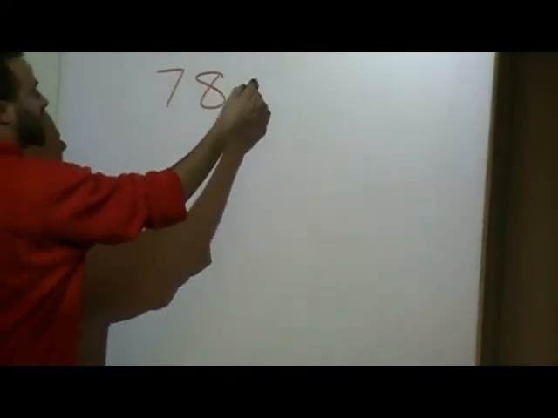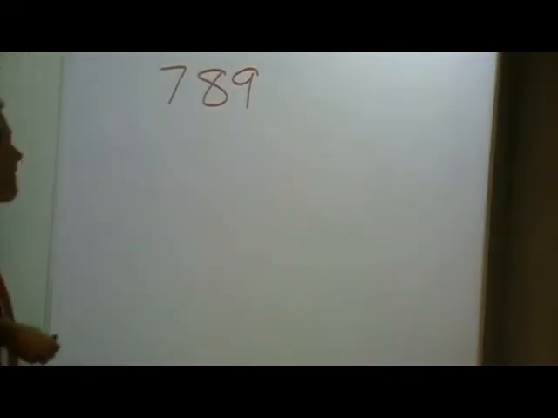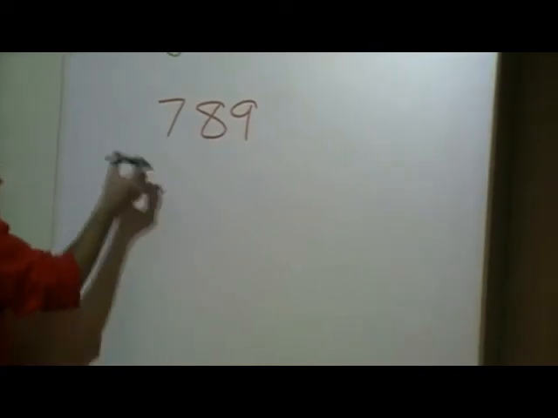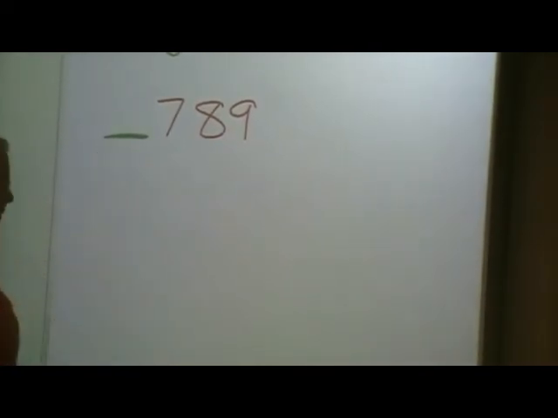Alright, let's look at the thousands real quick too. What's the first one in the thousands? Number 789. Okay, it's asking us to round to the nearest thousands place, which we don't even have a number for.